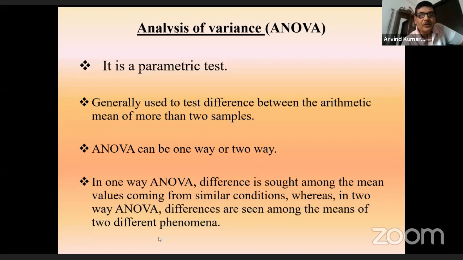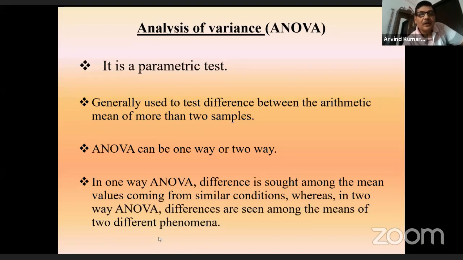All those statistical analyses in which mean value, that is arithmetic mean, median or mode, or standard deviation, standard error, variance, if these values are required, that is values of central tendency and values of dispersion, then that test becomes a parametric test. So ANOVA, T test, Z test, F test, these are actually parametric tests.